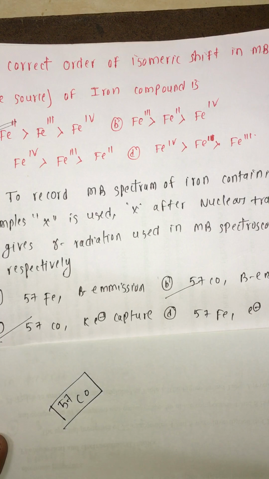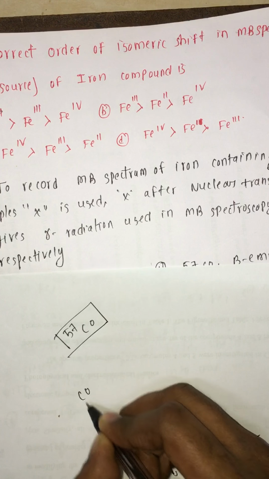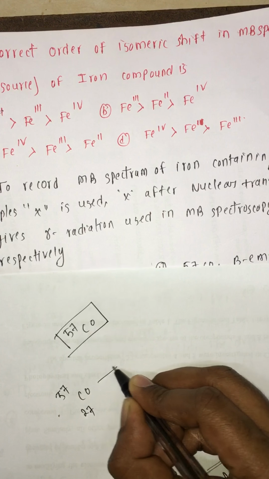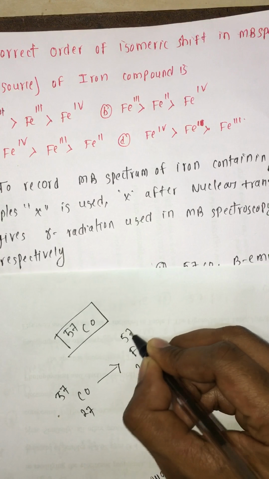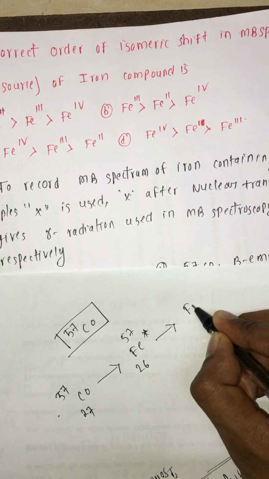X after nuclear transformation, Y gives a gamma radiation used in Mössbauer spectroscopy, and X and Y are respectively. Here we can see cobalt 27, 57 goes to iron 26, 57 in the excited state, and further it goes into the ground state.